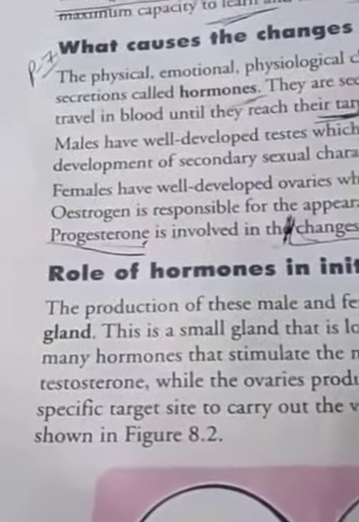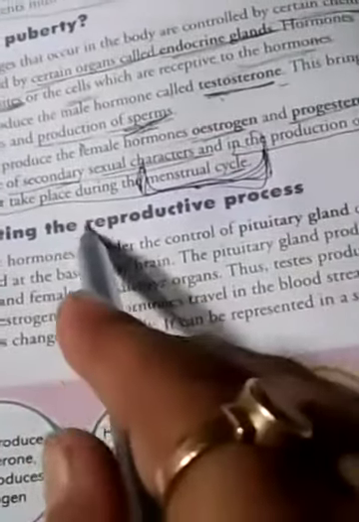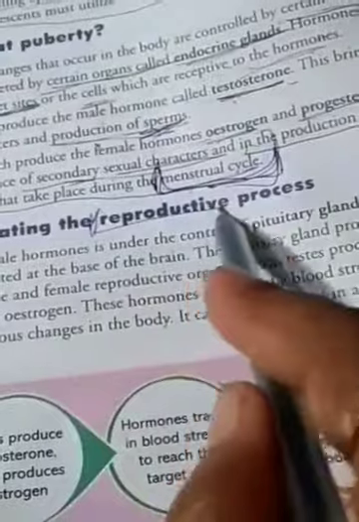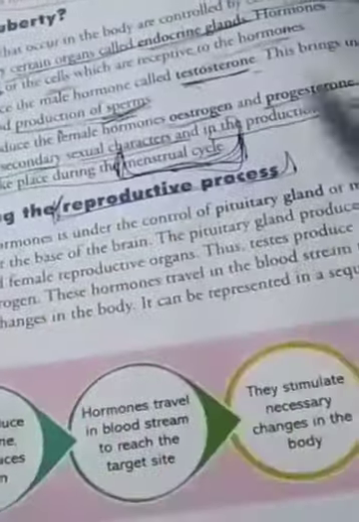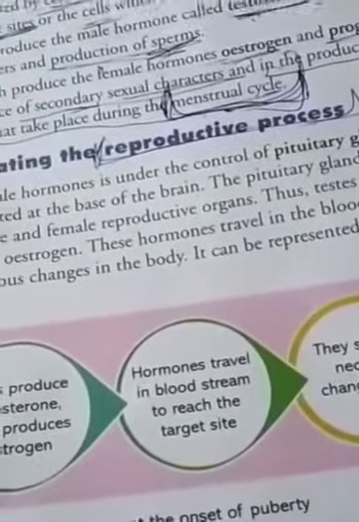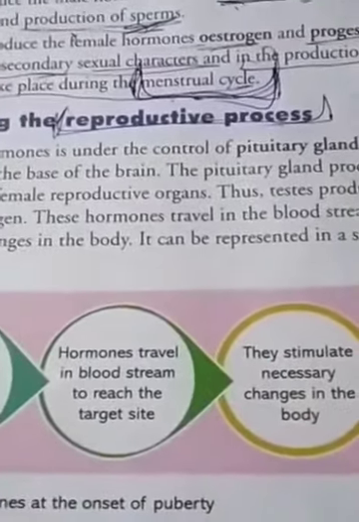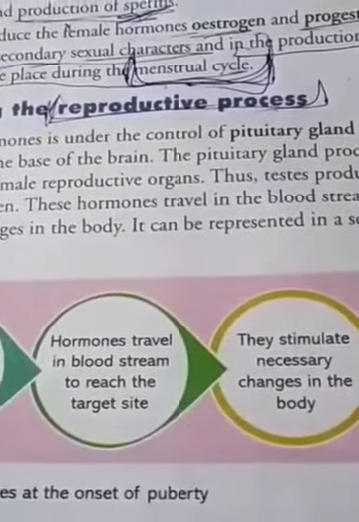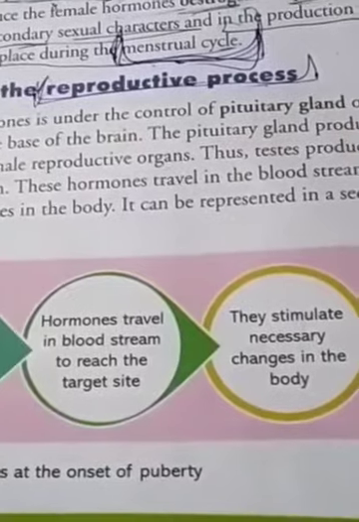Now the next thing is the role of hormones in initiating the reproductive process. What is the role of these hormones in the reproductive process? We know it is a process by which parents produce their young ones.